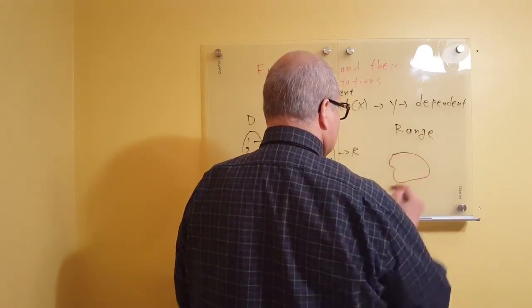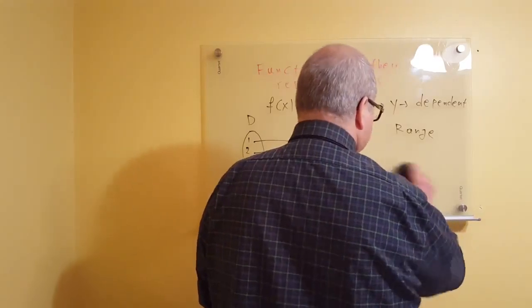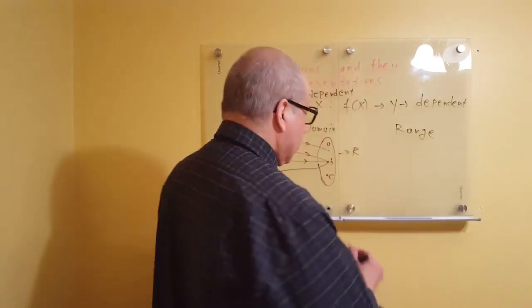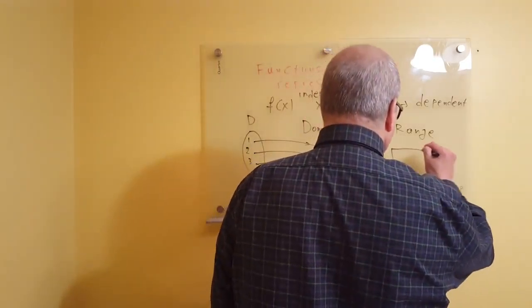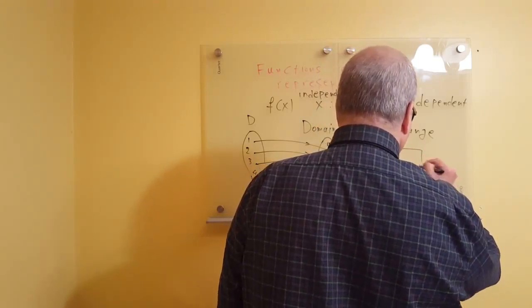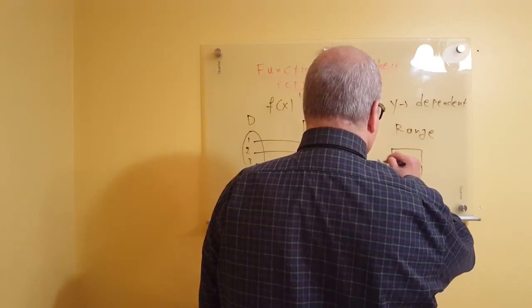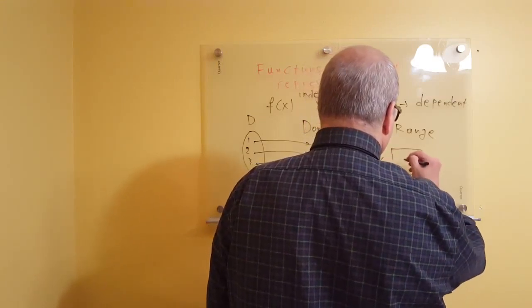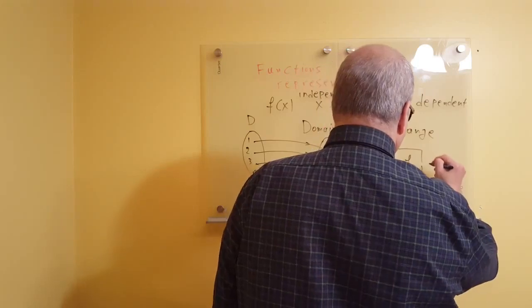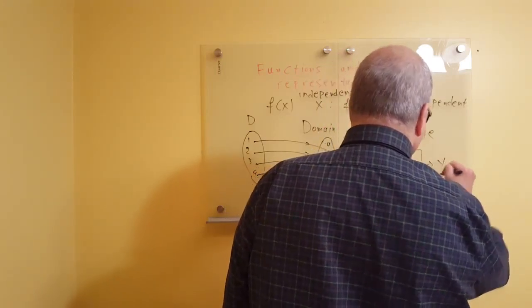Let's say you have this machine here. And from here you have the x, and through the function f you get the y.